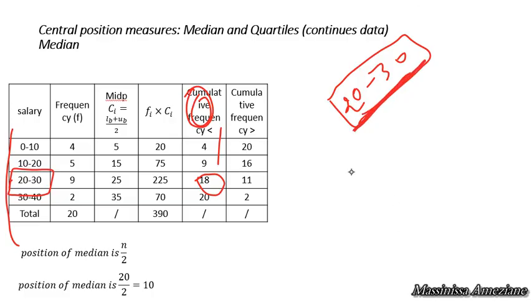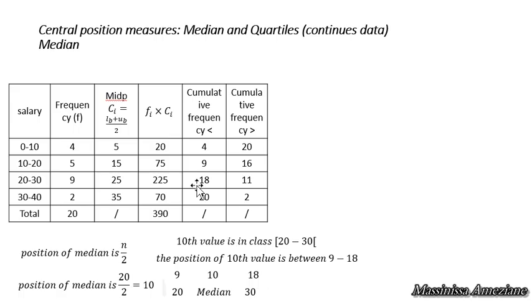However, we know something else, which is the 10th position is somewhere between 9 and 18. We know this. So let's write this. So the 10th value, which is position 10, we know it is in class 20 to 30 here. We also know that the 10th position is between 9 and 18.